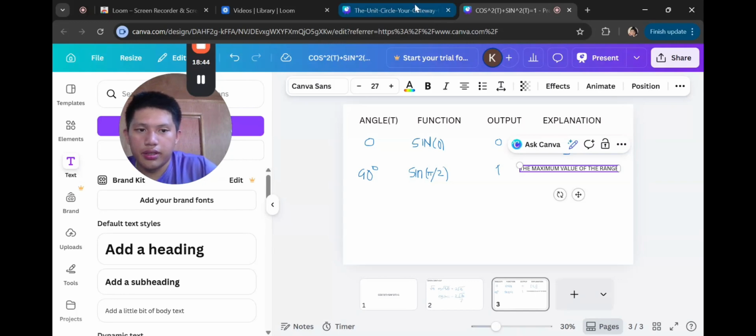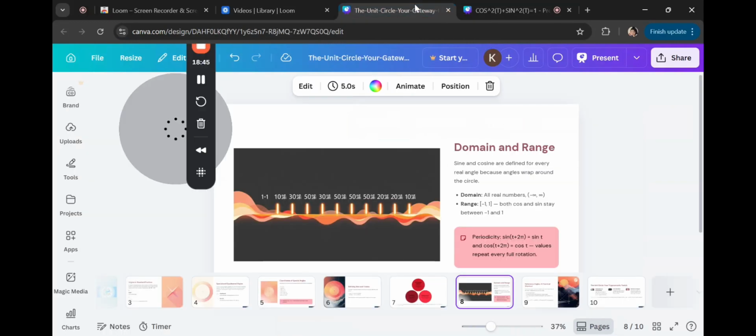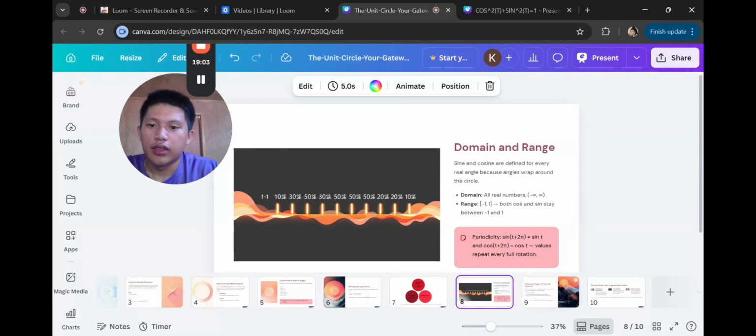So in a real world application, think of a Ferris wheel. The domain is the time the wheel has been spinning, and it can go on forever, while the range is your height above the ground.